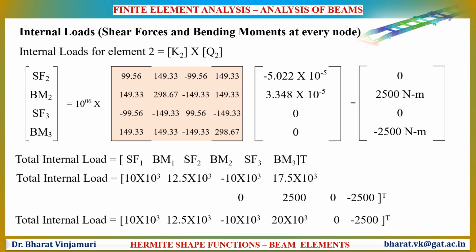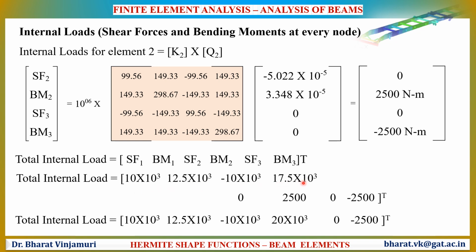We will also find the internal loads for element 2 by multiplying the stiffness matrix of second element with the displacement vector of the second element. Thus, we will be obtaining the shear forces and bending moments at node 2 as well as node 3. By combining these forces, we will be able to determine the internal loads of the entire structure.